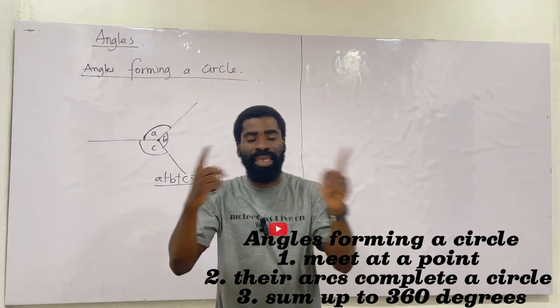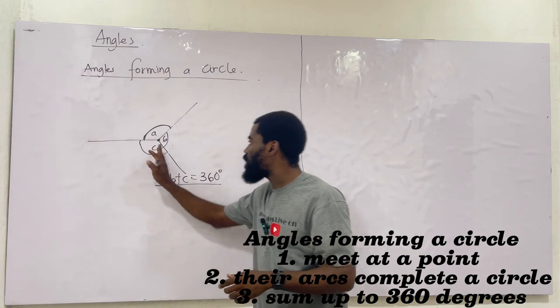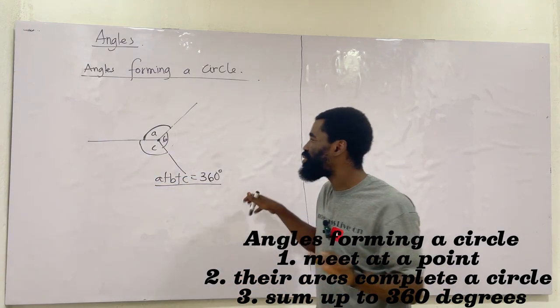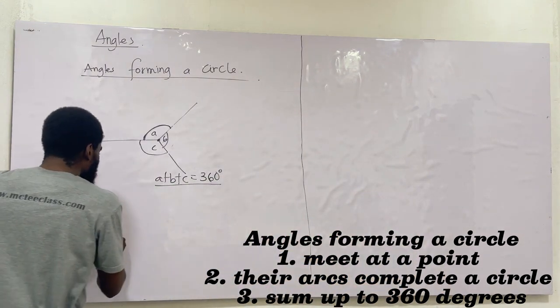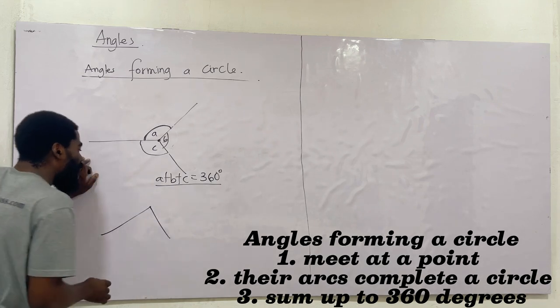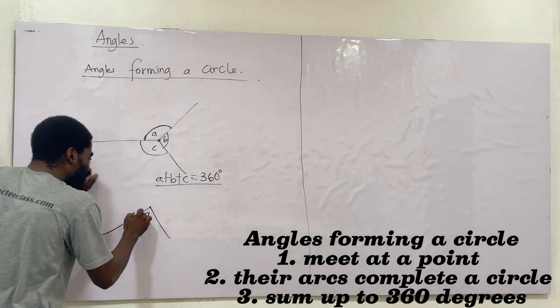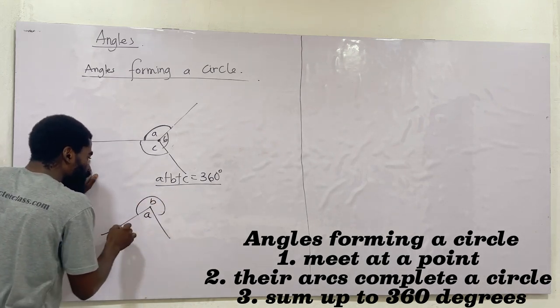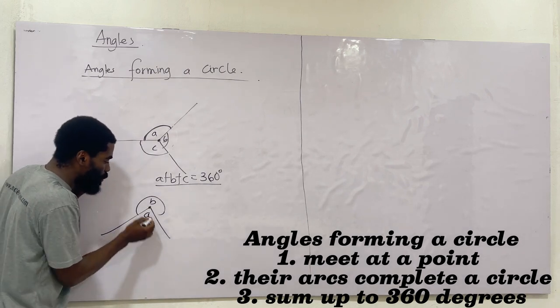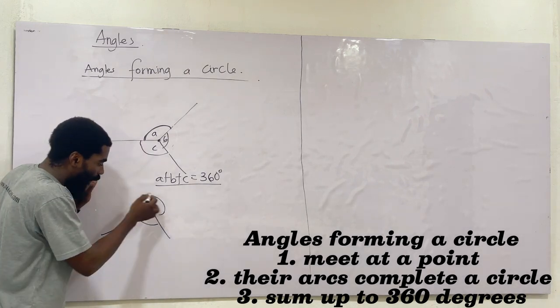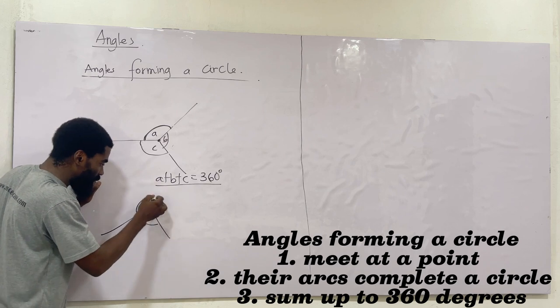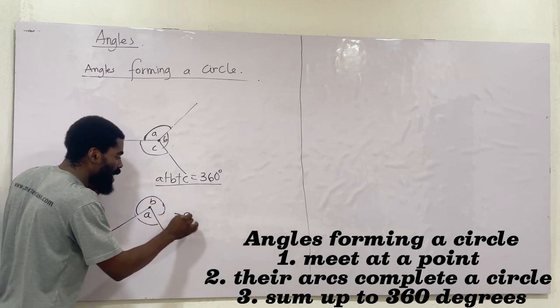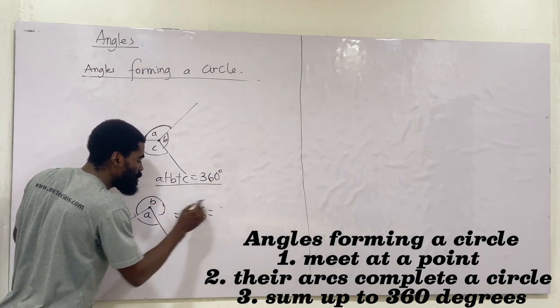If their arcs complete a circle, then we can say they sum to 360. Once again, not the drawing. If I give you this, remember their angles. If there are only two angles, angle A and angle B, meeting at a point, will their arcs complete a circle? Yes, when I trace it, it can complete a circle. Therefore, A plus B must also be equal to what?